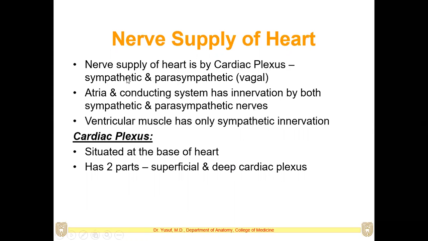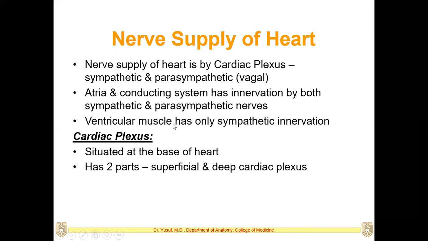It is by the sympathetic as well as the parasympathetic component. The autonomic nervous system always has the sympathetic and parasympathetic. Parasympathetic will be mainly by the vagus nerve. The atria and the conducting system are innervated by both the sympathetic and parasympathetic. Remember this.